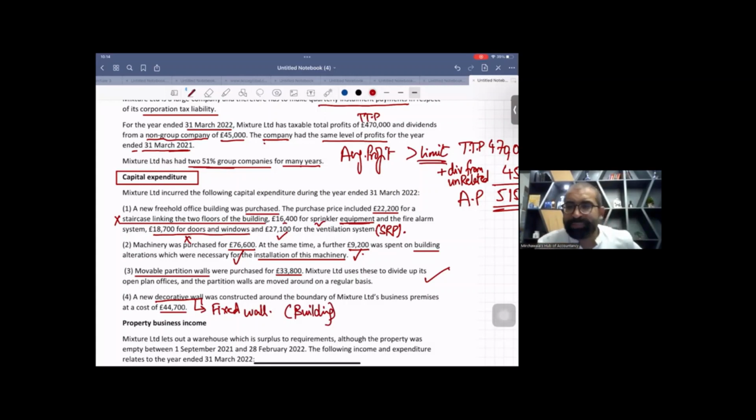Yes, a movable wall is part of plant and machinery. A fixed wall is part of the building. So this is again one more 5 marks. No need to calculate capital allowance. Just pick which ones are plant and machinery and which ones are not part of plant and machinery. So just take 1 minute to read it again, and then I'll show you the requirement.